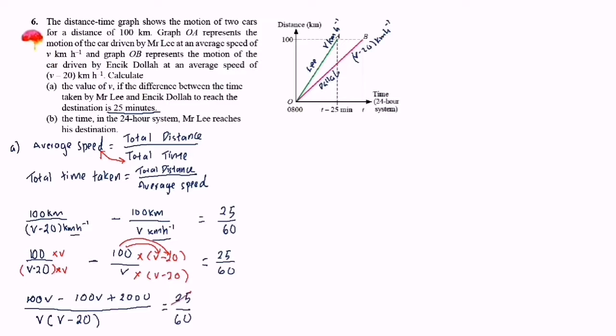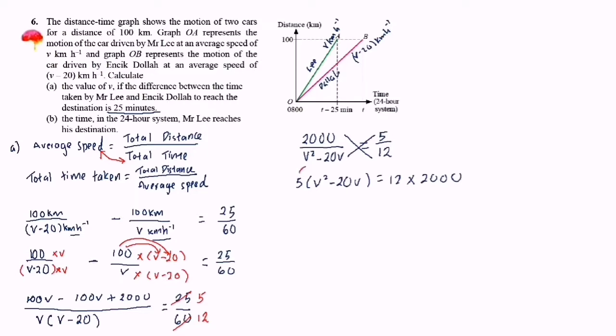And this one we can simplify it, divided by 5, and 60 divided by 5 equals 12. 2000 over v squared minus 20v equals 5 over 12. We do the cross multiplication. 5 times v squared minus 20v equals 12 times 2000.